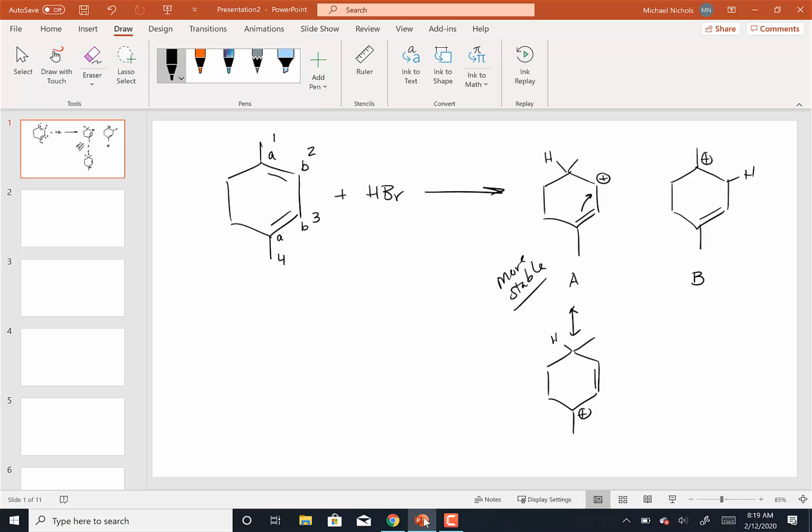What I'm showing you is why that's the rule: you can always get a resonance stabilized carbocation, which will be more stable than just a single one. So we're always going to add to 1, and that sets up what we call the 1,2 and 1,4 product. Is that kind of clear? Even though you're tempted not to, you always want to add the electrophile to carbon 1.